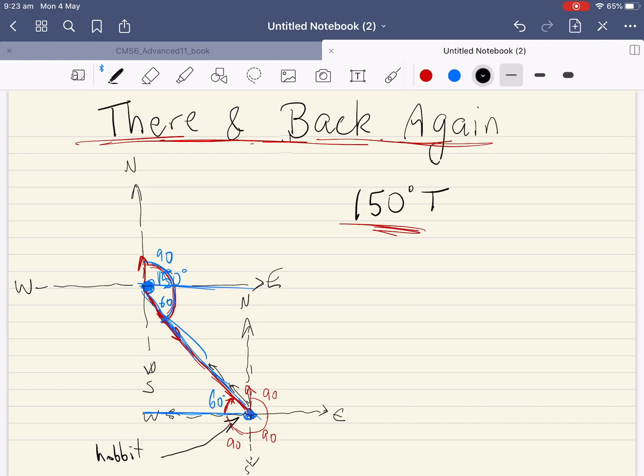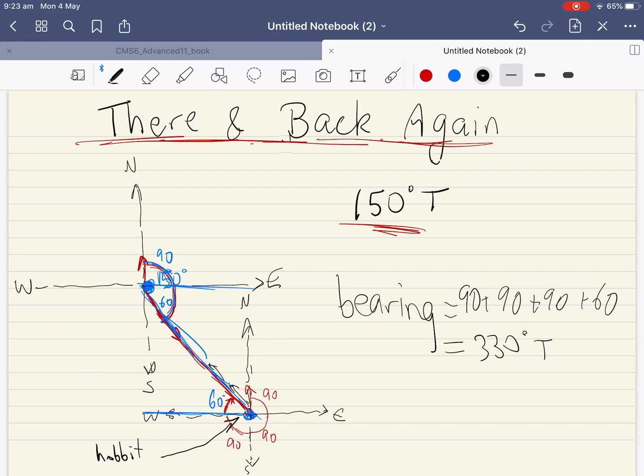So the bearing that's going to get the hobbit back to his original location, right, again, will just be the angle you're rotating from north, which was the 90, the 90, the other 90, and there was an extra 60. So what do you end up with? 270 plus an extra 60.